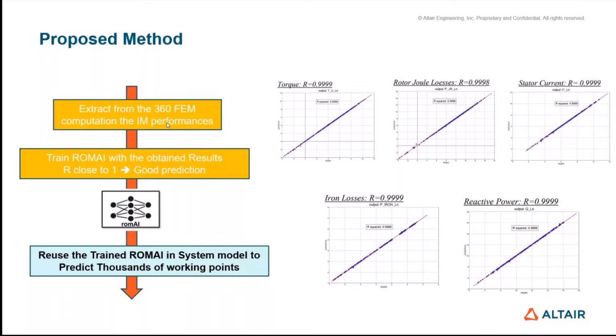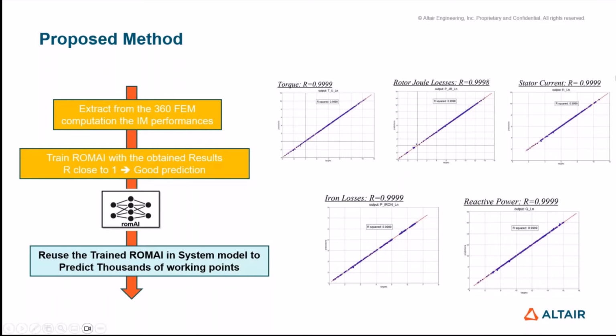And we are going to use this data. So 360 working points are depending on the slip, the voltage, and the frequency. And then the training is done.